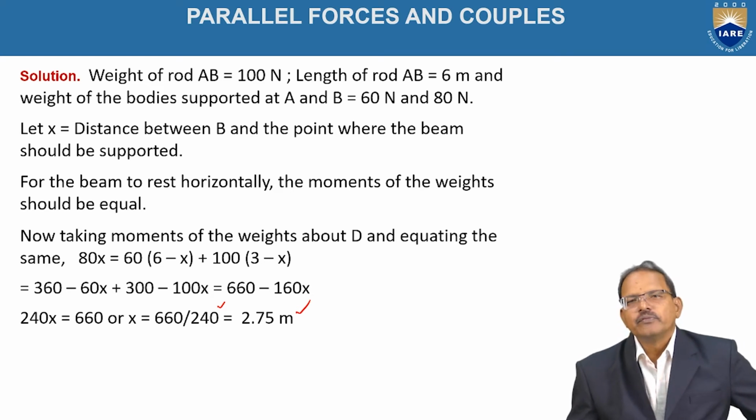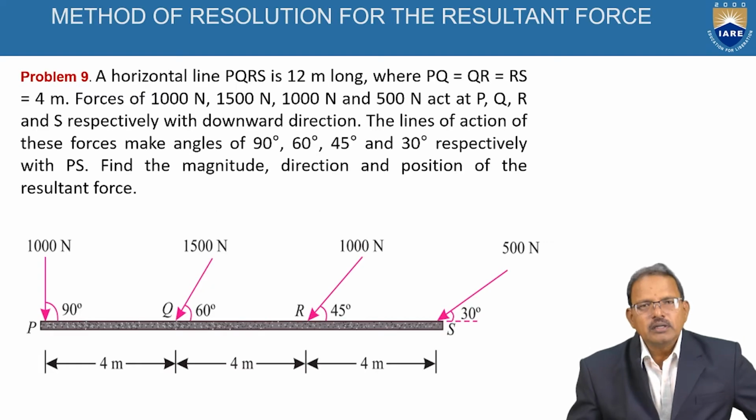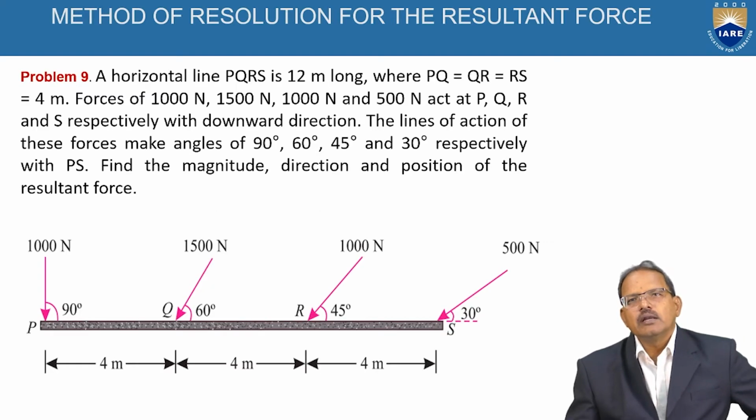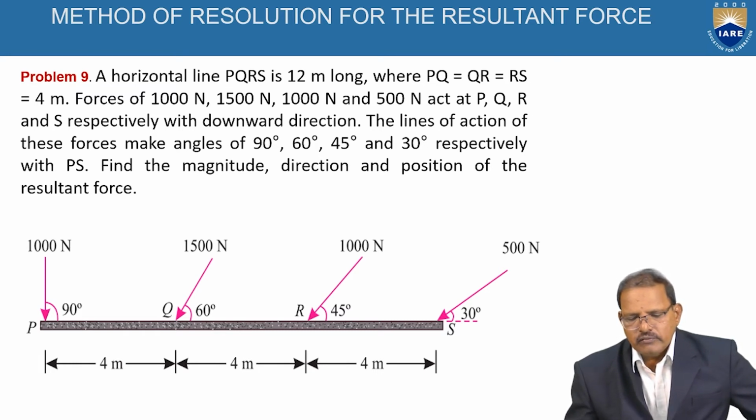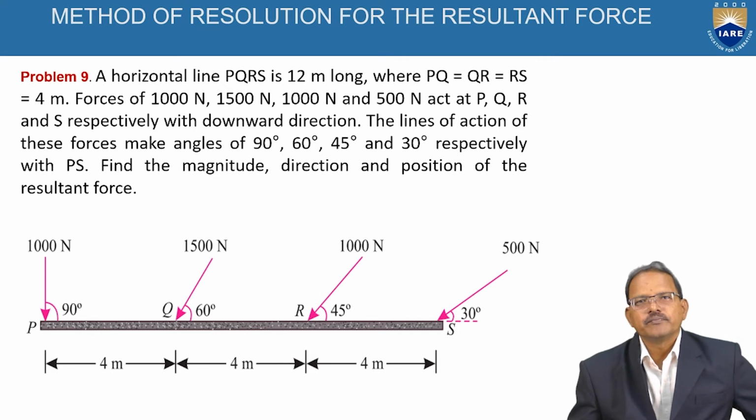by using the Varignon principle. In another problem, a horizontal line PQRS is 12 meters long, where PQ is equal to QR equal to RS equal to 4 meters.